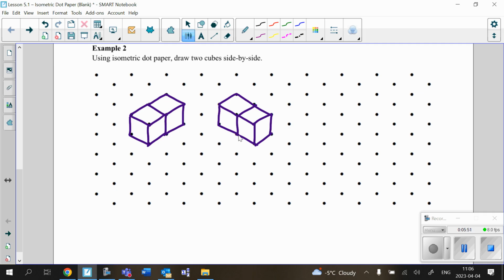So you could put them side by side. You could also put one on top of the other. That's still side by side. So you could draw a cube and then put another cube on top or on the bottom. If you put it on top, you're going to get some segments you're going to have to erase. So if I say this is the top cube and it's sitting on another one, I could draw it like that.